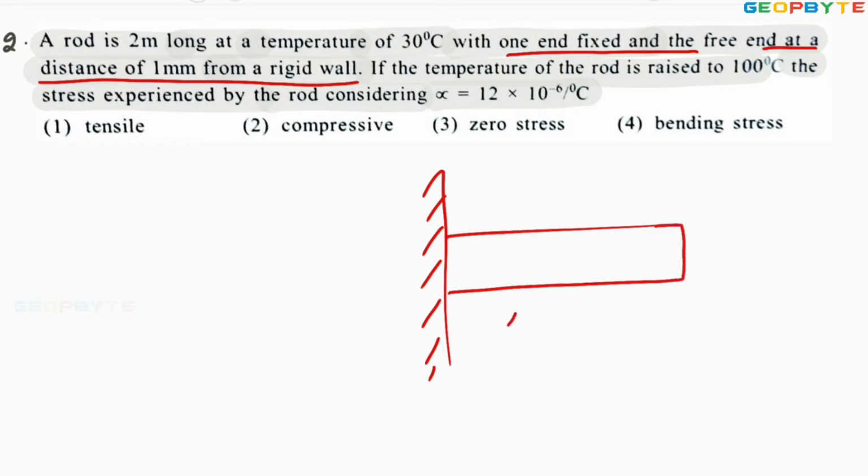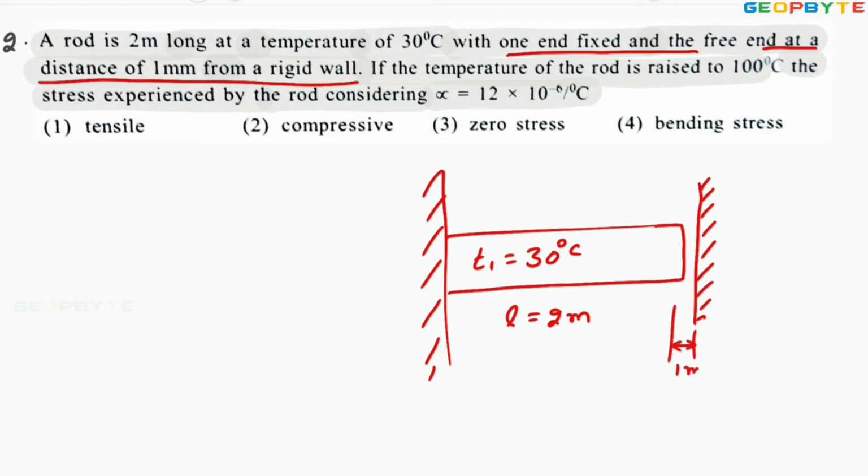The length of the body is given as 2 meters. Then initial temperature T1 equals 30 degrees centigrade. The other rigid wall is placed at a distance of 1 mm from the rod. This gap is 1 mm.